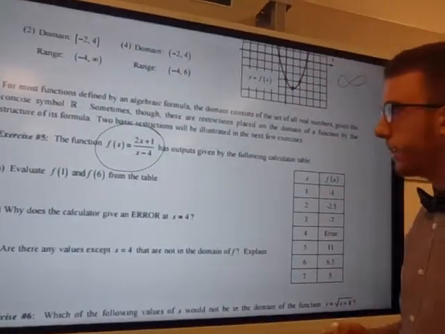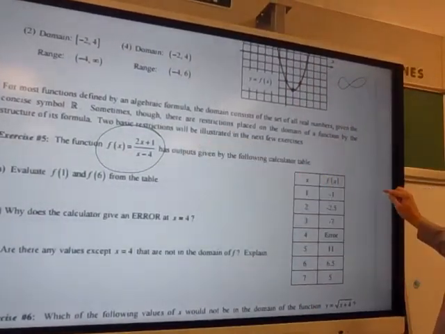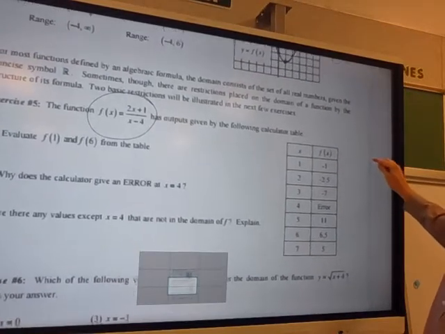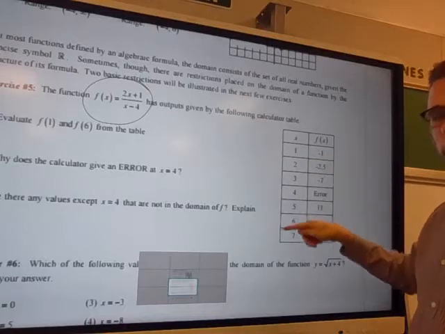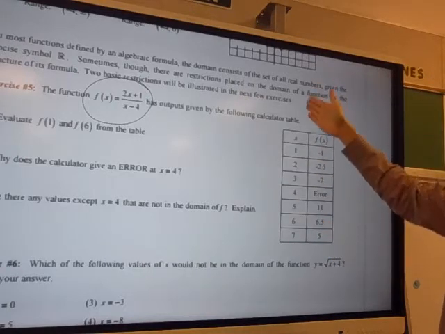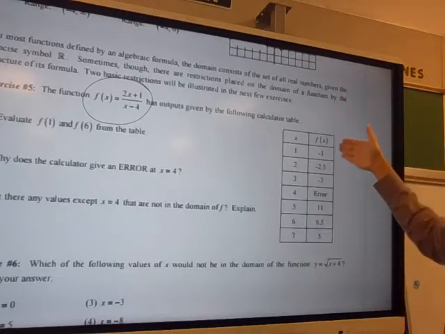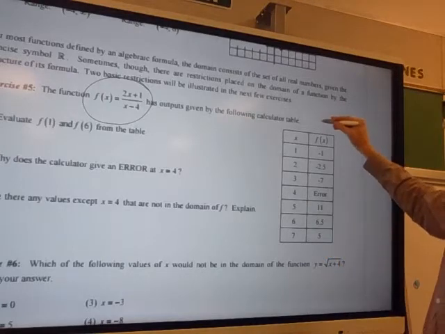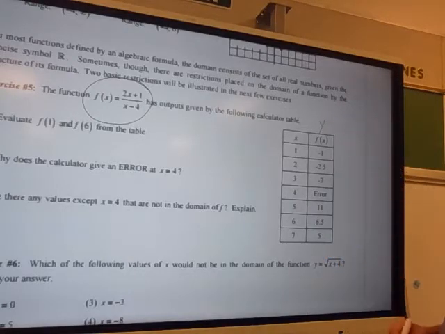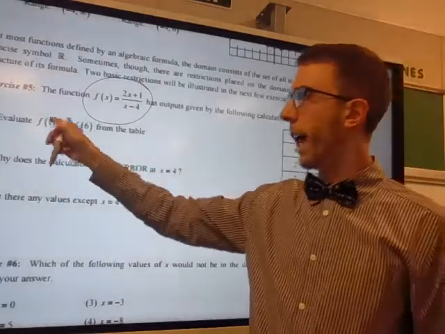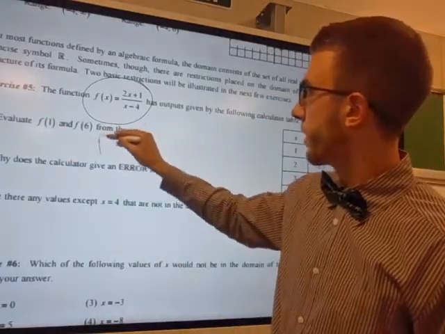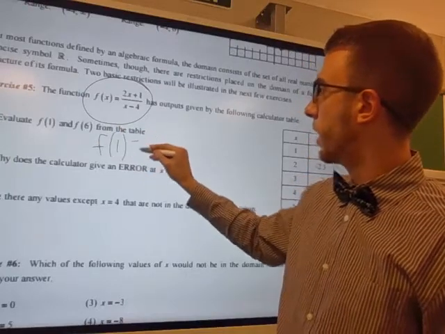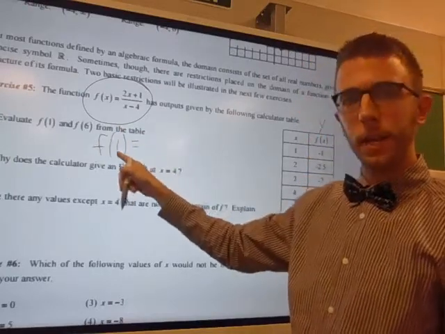So this function, f of x equals 2x plus 1, all over x minus 4, has outputs given by the following table. Okay, so we have our x values on the left, our function values or y values on the right. Okay, so evaluate f of 1 and f of 6. This is something we did a couple lessons ago. So f of 1 means my x is 1.